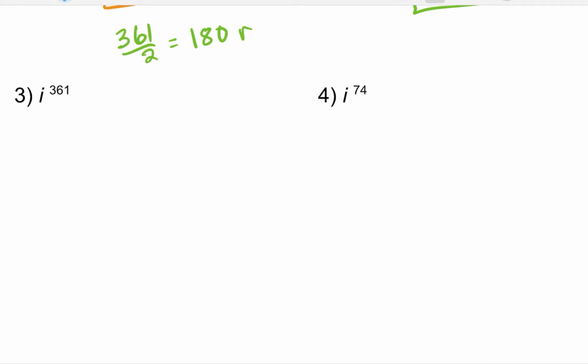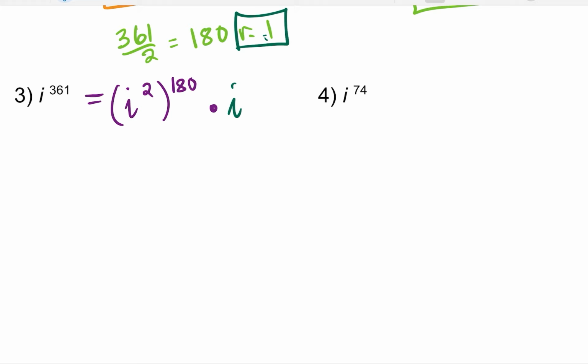So we are going to write i squared and then to the power 180, because multiplying 2 times 180 gives us 360, and then there's a remainder of 1. So we are going to write an i to represent this remainder.